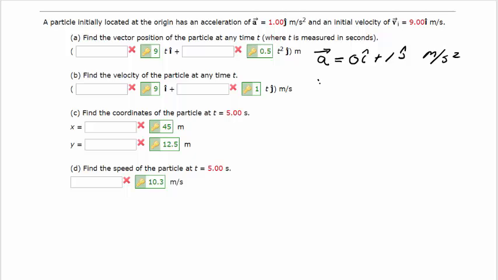We know our velocity vector too. Our velocity vector here is going to be 9 i hat plus 0 j hat meters per second. And feel free to put the units after, right in here, in all cases. Sometimes I like to just put them out on the side because it simplifies it.